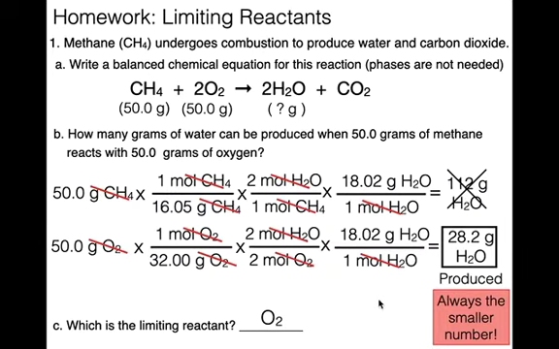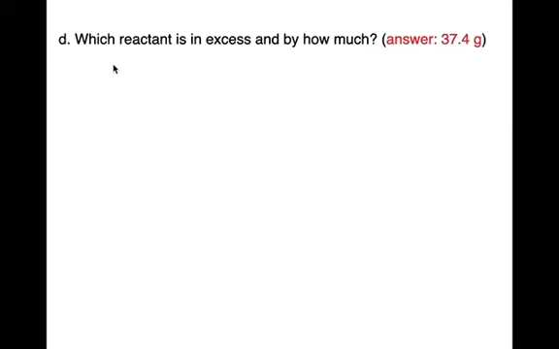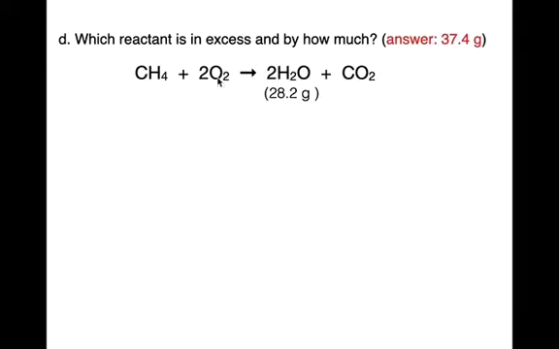Okay, now the next question is going to ask us how much of the methane did we have left over? Which reactant is in excess and by how much? Now in the homework, it gives you the answers to this problem, so you can check to see whether you got it right. Okay, so what I'm going to do is use the balanced chemical equation again to kind of summarize what we need to do. We just calculated that we were able to make 28.2 grams of water because the oxygen was our limiting reactant.